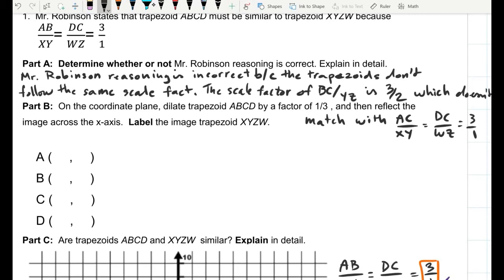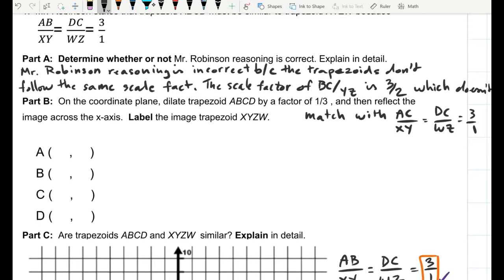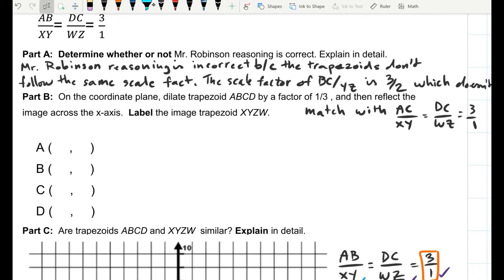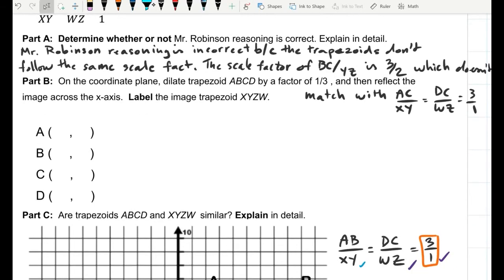So that's it for part A. You find the scale factor of the height. After that, you explain that the scale factor doesn't match, so they're not similar. That's it.